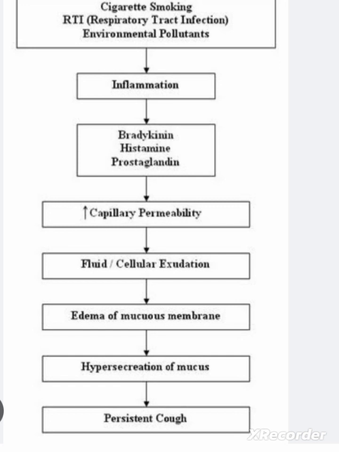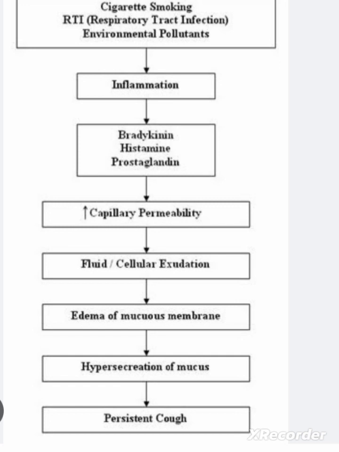When these are released, there will be increased capillary permeability. That leads to fluid and or cellular exudation, which leads to edema of mucous membranes and hypersecretion of mucus. So that leads to persistent cough.